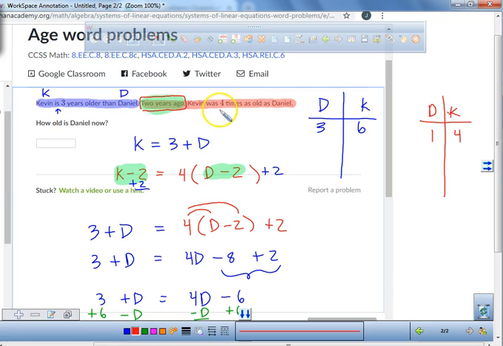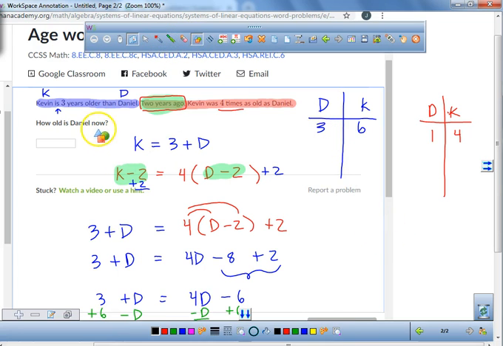He was 4 times as old as Daniel. But now he's not 4 times as old. He's actually only 2 times as old, but he is 3 years older. So right now he's 3 years old. So how old is Daniel now? He's 3. Okay? Now how can I do this right here?